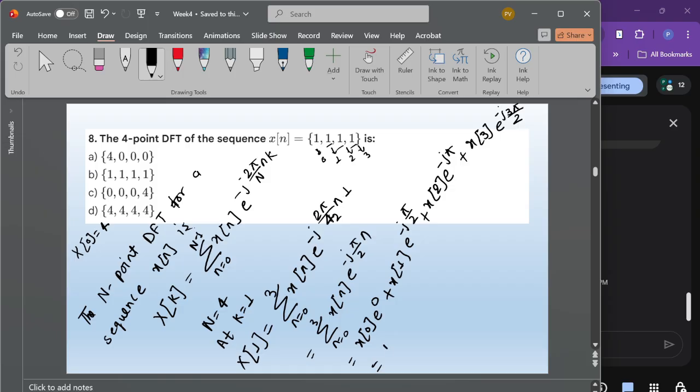So if you calculate, 1 into 1 here, this value x of 1 is again 1.